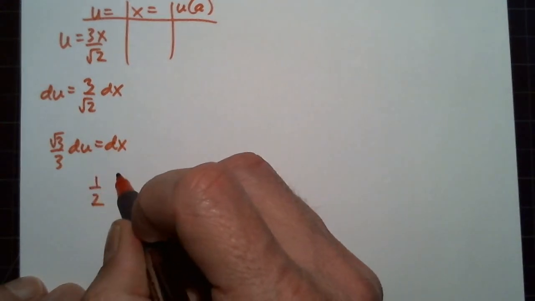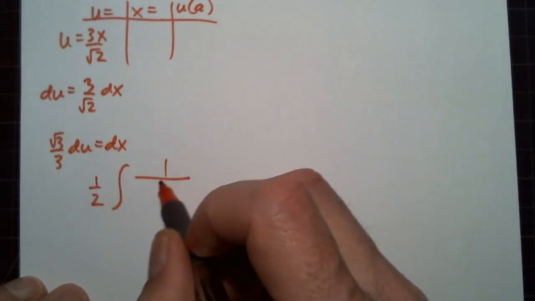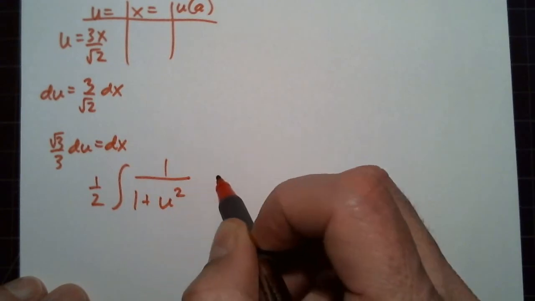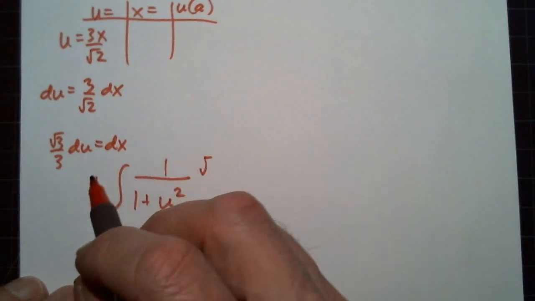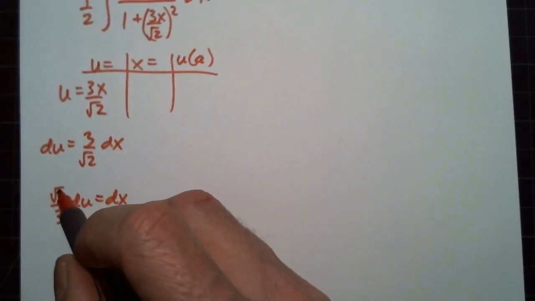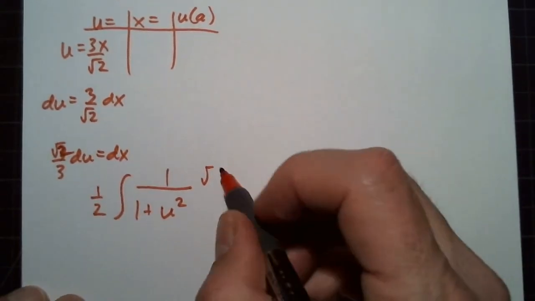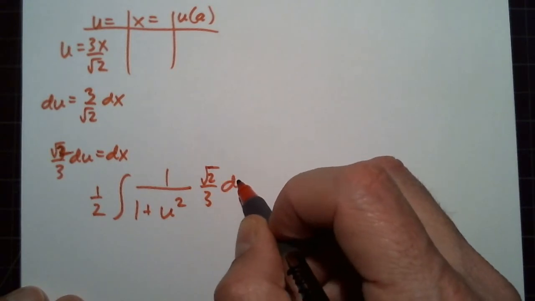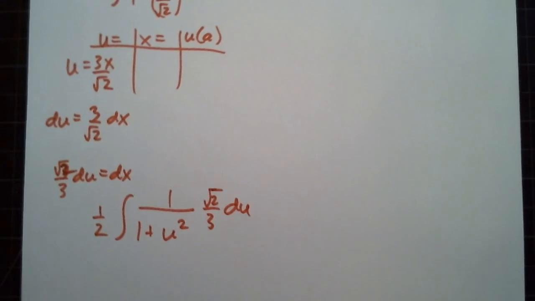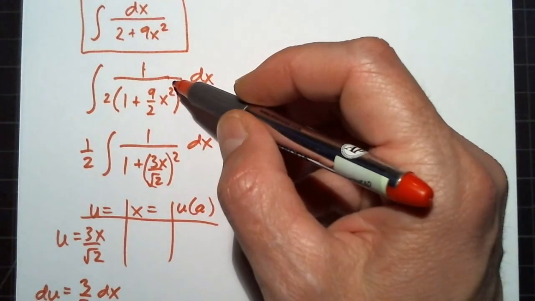So we have 1/2 integral 1 over 1 plus u squared, and that should be a radical 2 over 3 du, and that's coming from here.